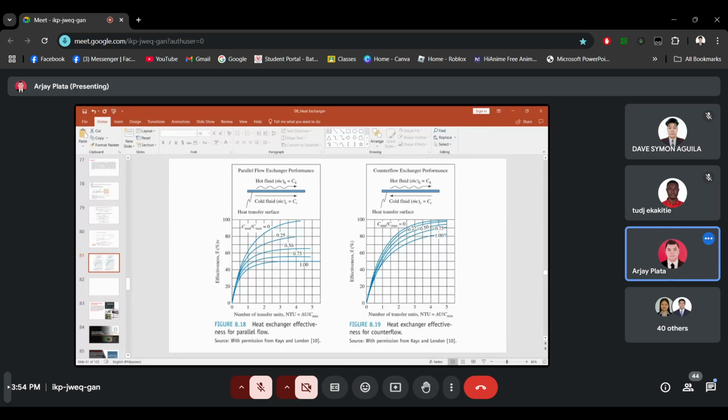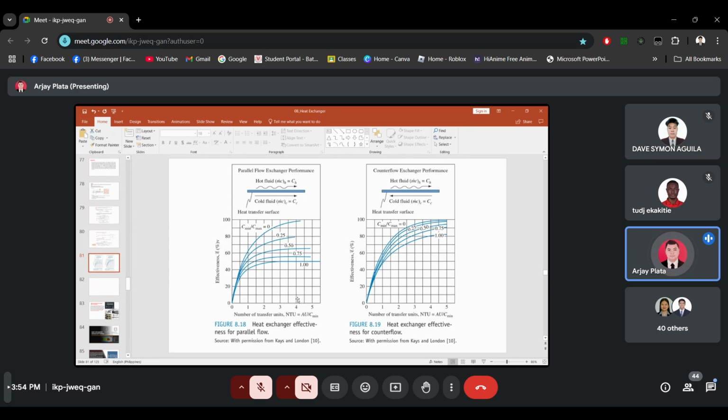So you can also find the value of effectiveness E graphically. You just have to get the value of C min over C max, and then plot the number of transfer units.